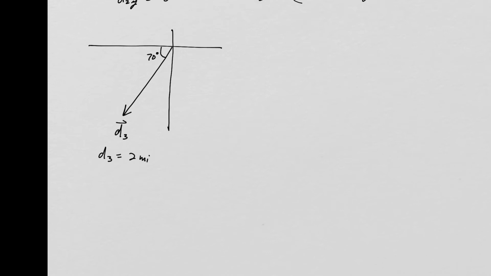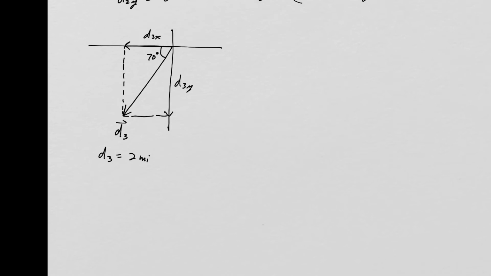Okay. Again, there's a couple of ways you could do this. You could just use this angle. Remember, this is the reference angle because we want to find d3x. So if I project this onto the x-axis, it'll be this value right here, d3x. And if I project this onto the y, I want the y component. So this is d3y. So I could just use that reference angle.